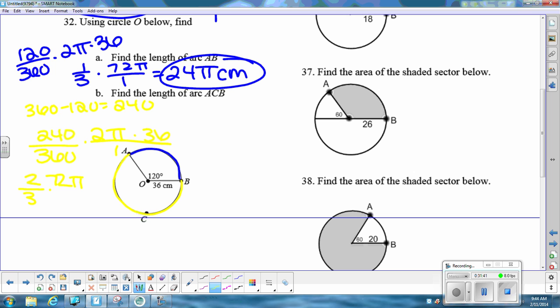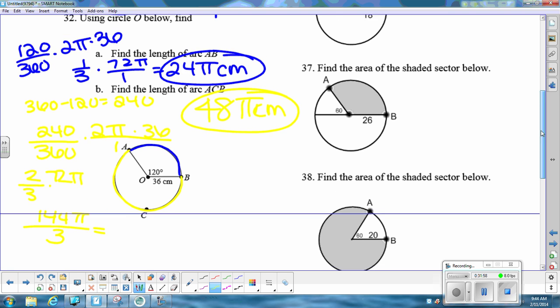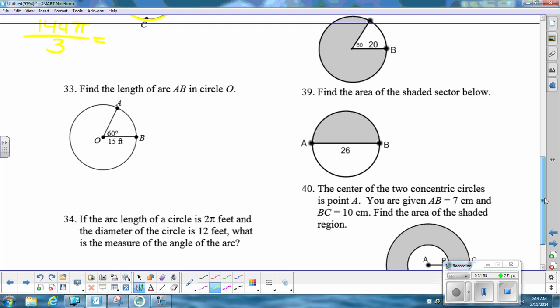So this would be 144 pi divided by 3, which gives us 48 pi centimeters. Yes. Use your calculator for that one.